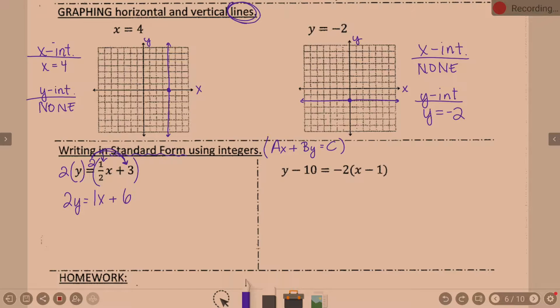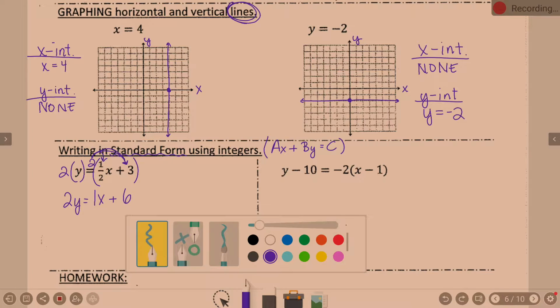Are my x's and y's together? Not yet. If we already have y over here, how can I get x to join the y? Subtract the 1x. Because it's a positive 1x, I'm going to subtract 1x.